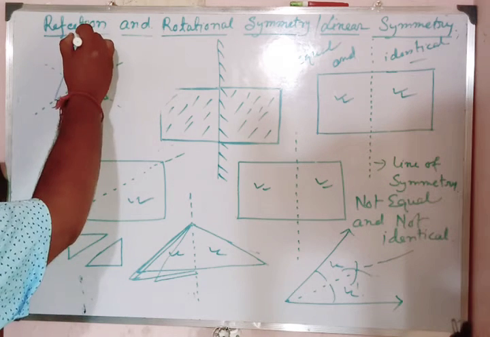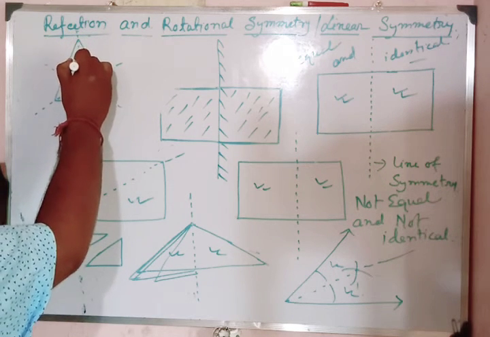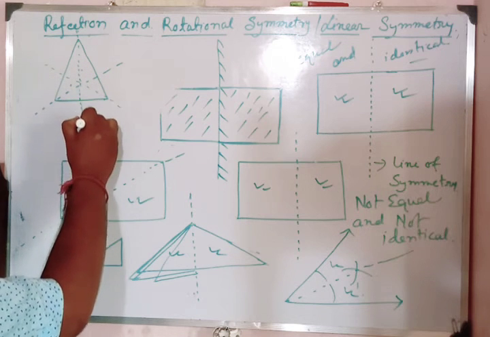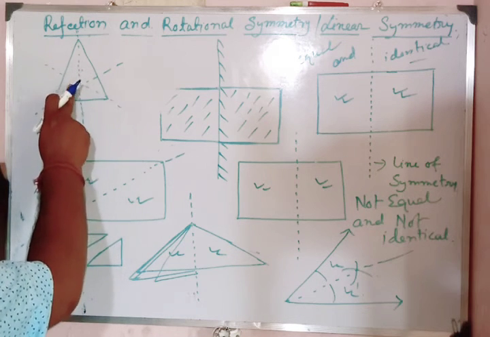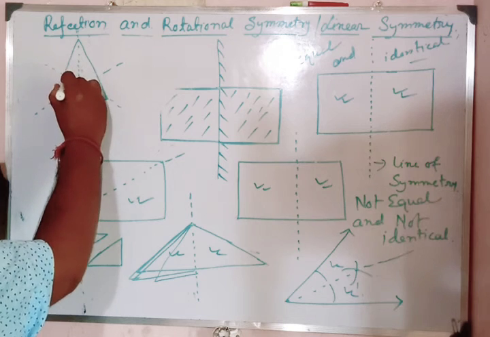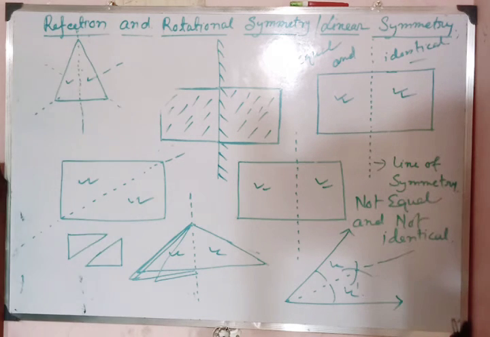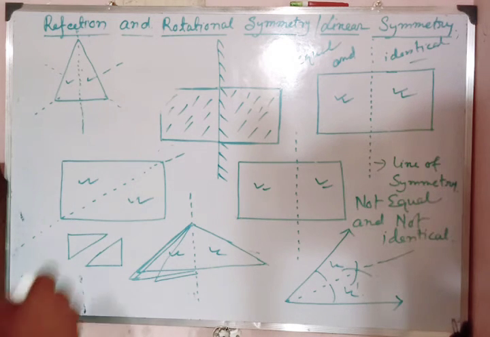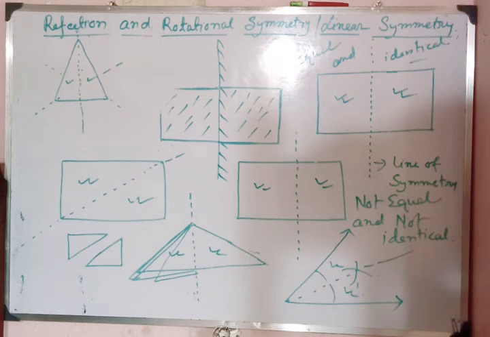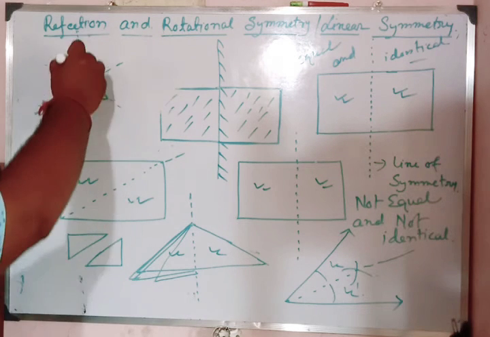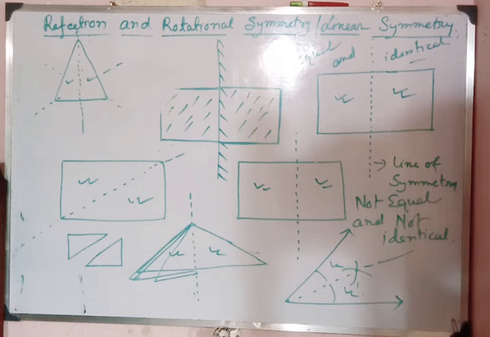But if we draw this line, then the figures so formed, this figure and this figure, are equal and identical. So this is called the line of symmetry. For an isosceles triangle, there will be one line of symmetry.